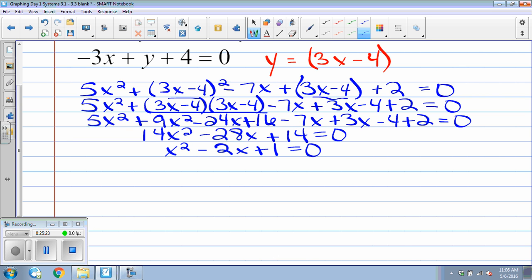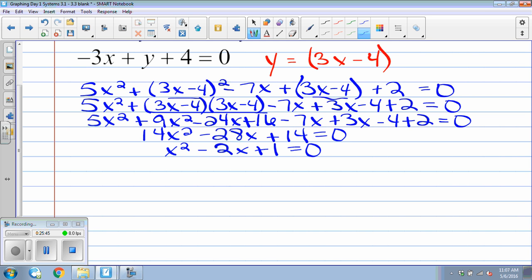Now, the other option would have been to factor out the 14. You could have factored out the 14, but then you're only doing something to the left-hand side. You would end up with 14 times all of that on the left, which is fine. After you use the AC method to factor that, remember, then you set each thing equal to 0.